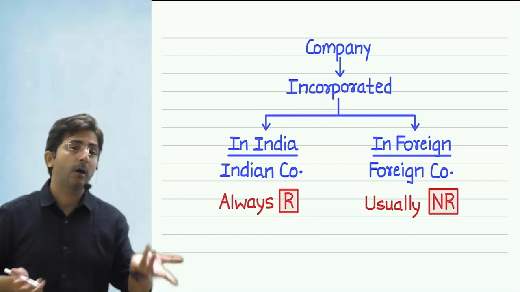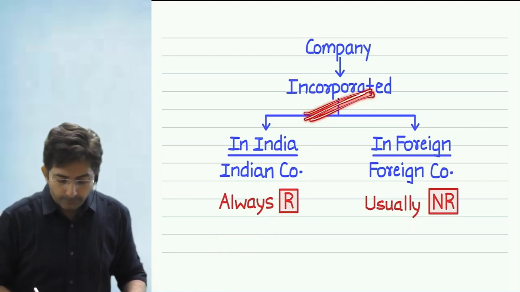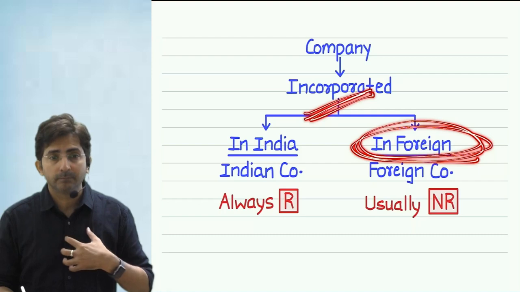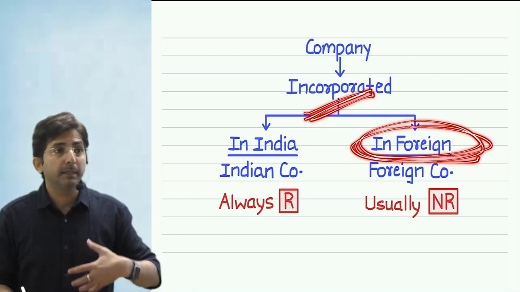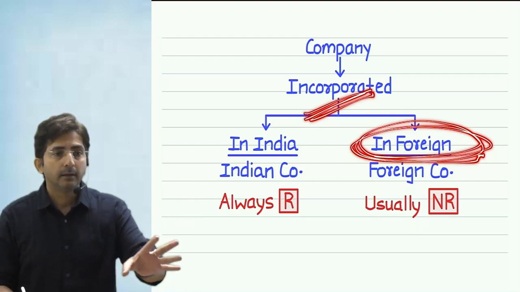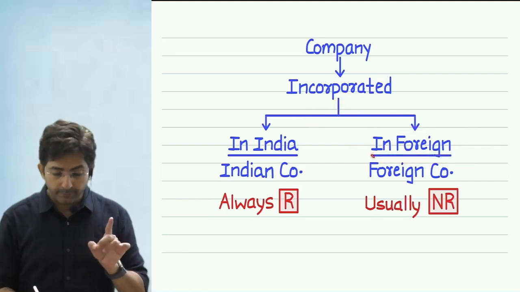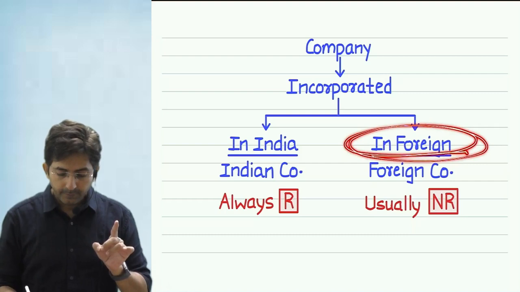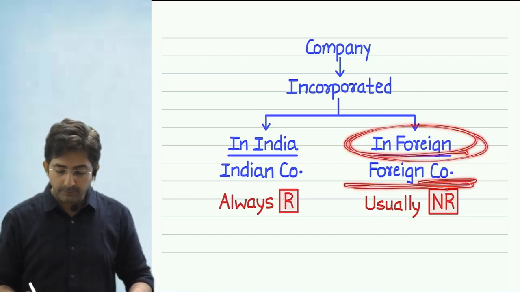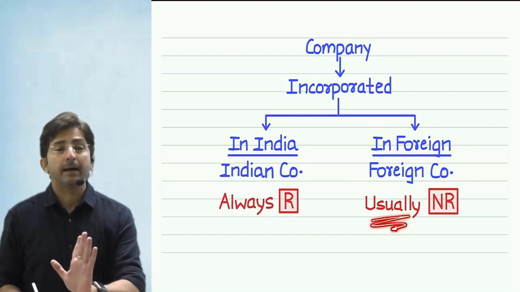Okay, the other way around. If your incorporation is in a foreign country, for example, I incorporate Prime Vision in Singapore, Dubai, London, then you become a foreign company. And foreign companies are usually NR.